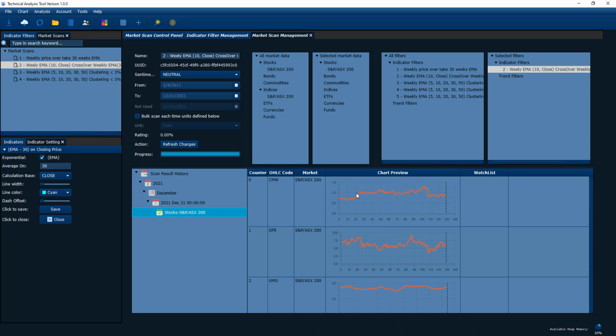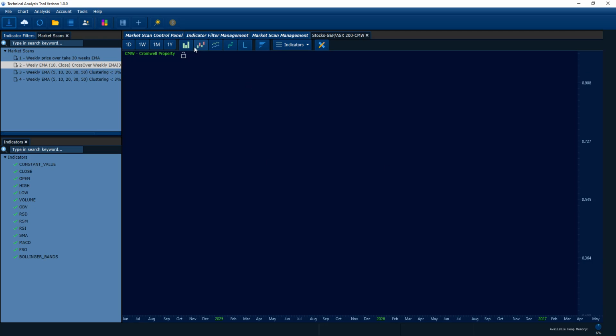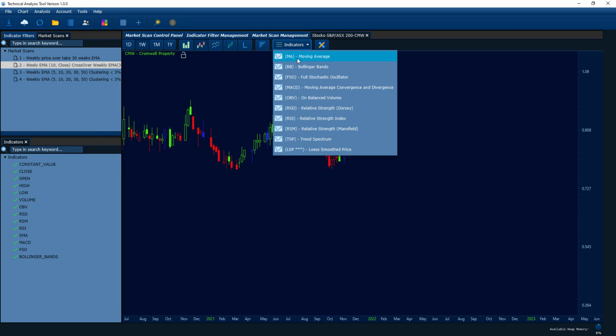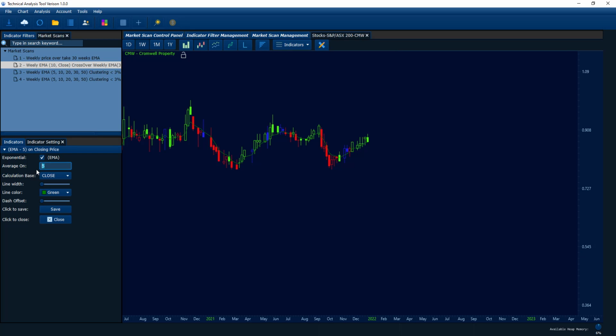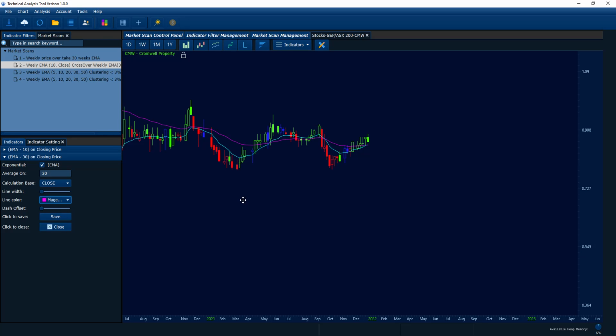Let's take a look at the first one. This time we have to open a moving average pair. The first one is our 10 weeks, the faster moving average, and we also open another EMA, the 30 weeks EMA, our slower moving average, let's say in pink.